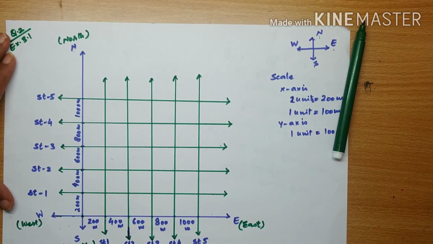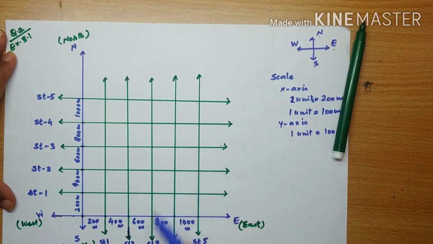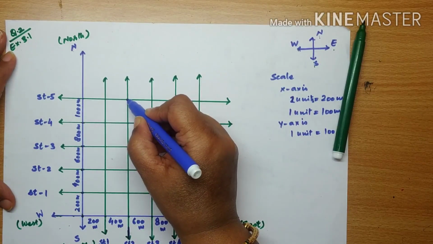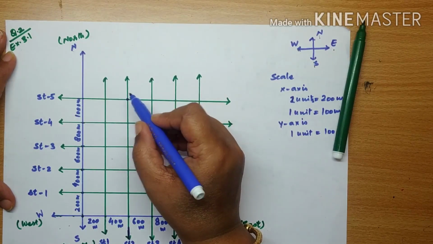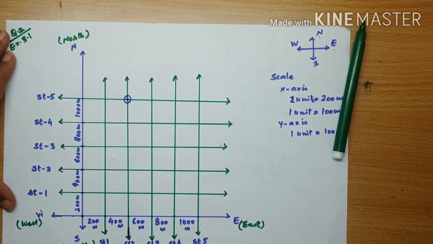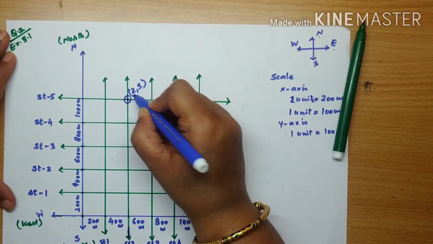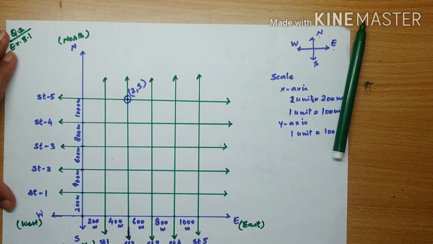Then he says, and the 5th in the east-west. So which is street 5 in the east-west? This is the street 5 in the east-west. So which crossroad? Second street in the north-south and 5th in the east-west. That means this crossroad. So if he says this, we will label this crossroad as 2, 5.